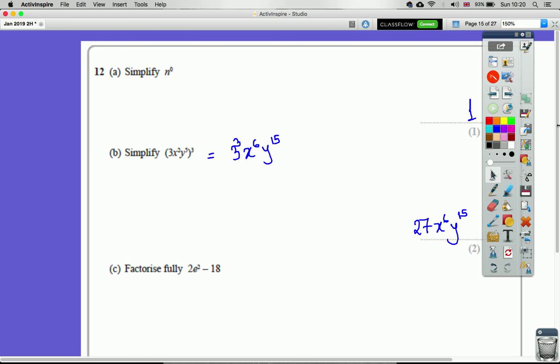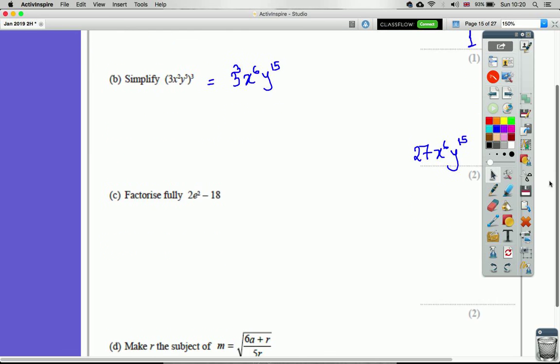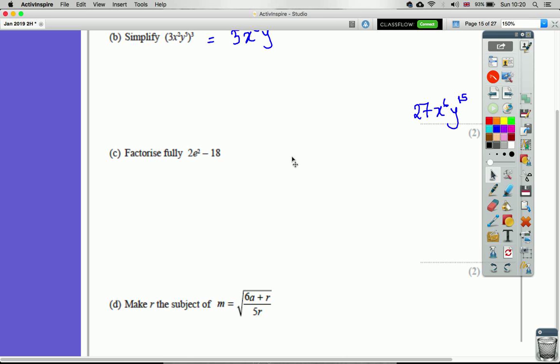Next question: factorize completely, or factorize fully, 2e squared minus 18. We can divide both by 2. Take the 2 out, so you've got 2 times e squared minus 9. Now, most people will leave it like that if they don't look at it carefully, because e squared minus 9 can also be factorized. This is a difference of two squares.